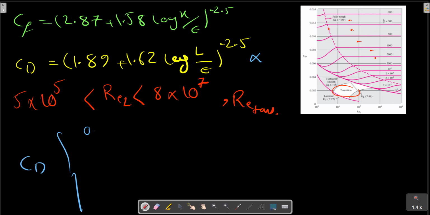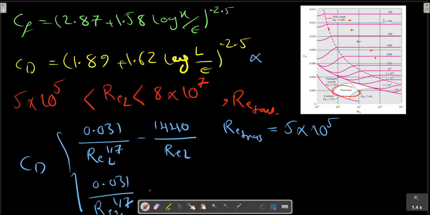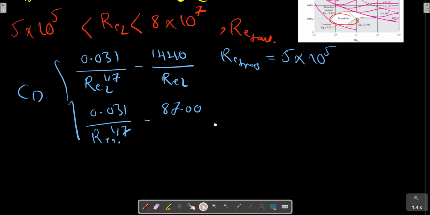The first is Reynolds L, where the Reynolds transition, Reynolds L minus Reynolds transition.